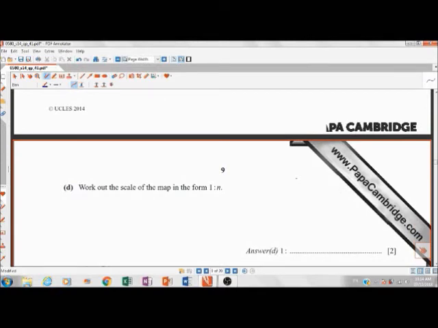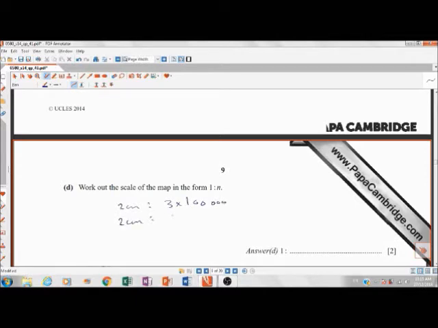Work out the scale of the map in the form 1 to n. So that means they want both in the same unit. So what you do here is 2 centimeters to, let's say, 3 kilometers. Convert kilometers to centimeters by multiplying 3 by 100,000.